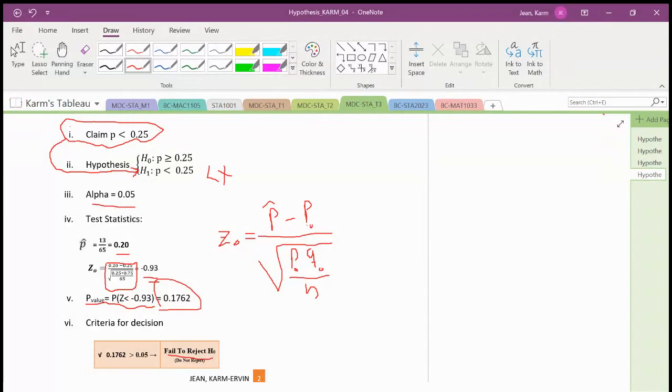If you look at step number 7, what will be step number 7? What will you say?